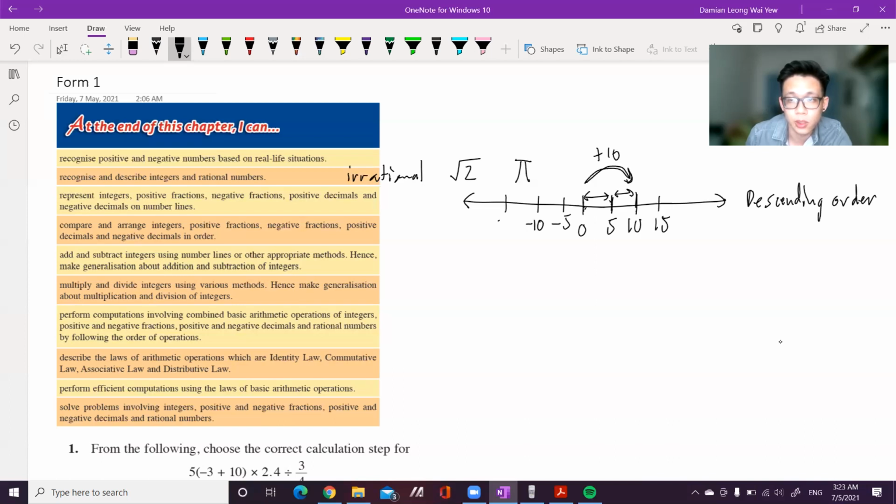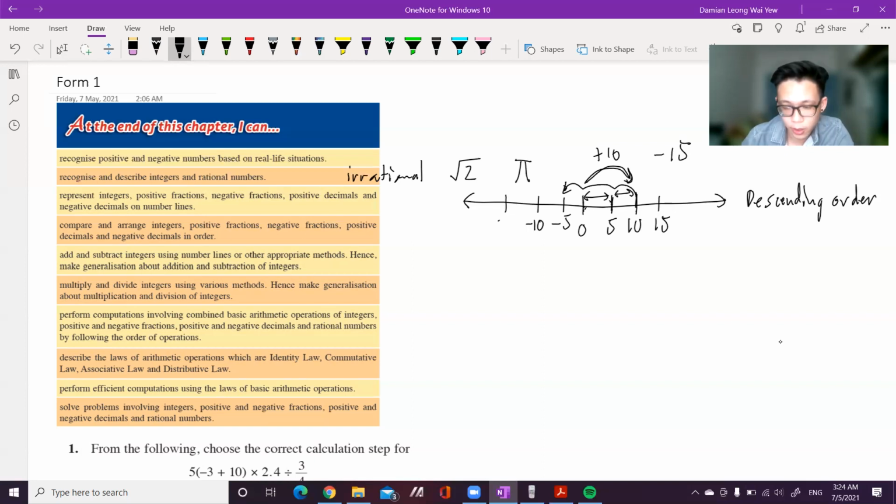If I want to say after I plus 10, then I minus 15, and from here, I go 1, 2, 3, ... 15. That's how we add and subtract using your number line. So negative is like minus.